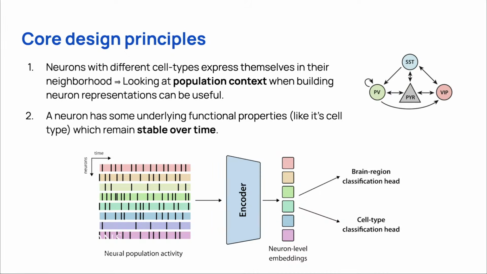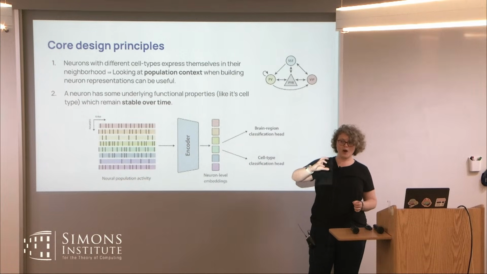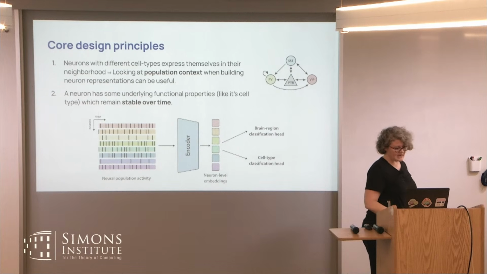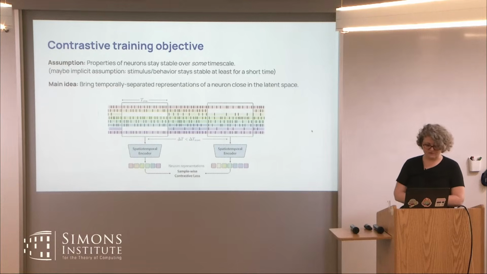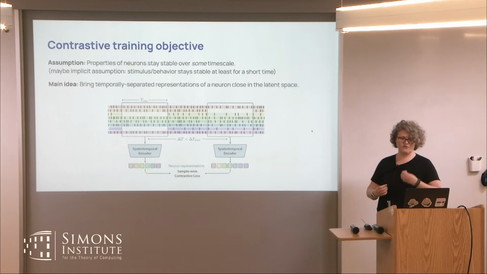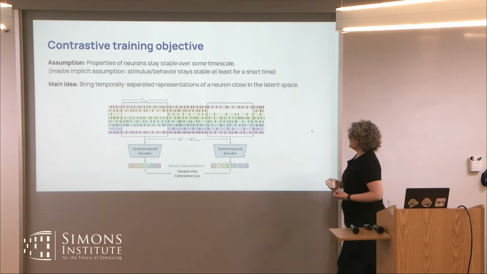So the first is finding a way to incorporate the population context. The second is an assumption, which is, I think, a relatively loose one: that there is some property of that neuron that is invariant, stable over time. So we'll use that to design a contrastive loss that encourages that kind of stability over different time points.